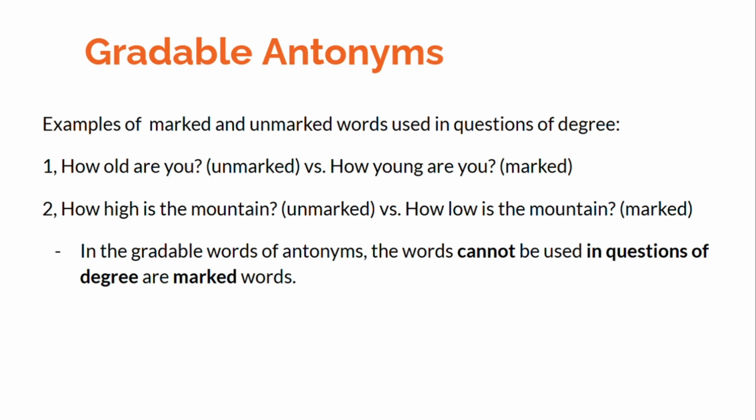The word old refers to a whole spectrum of a person's age, from when this person was born to when this person was dead. And it emphasizes the whole spectrum of, in this case, a person's age. Whereas in the sentence, how young are you? The word young refers to a particular and specific period of a person's age.